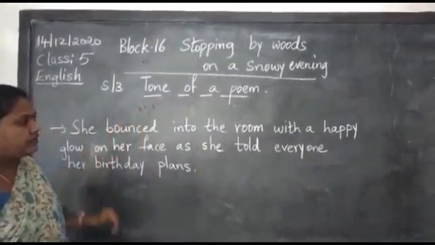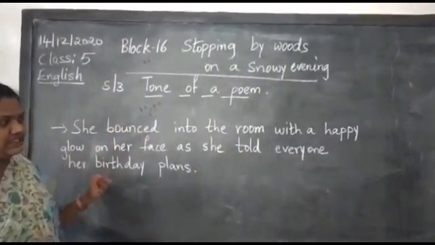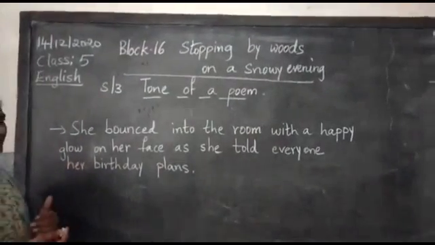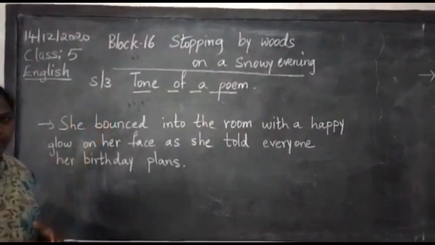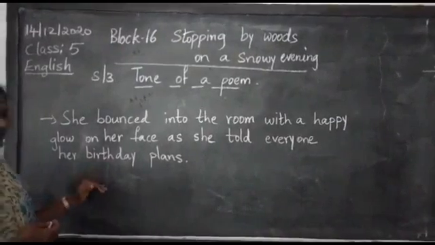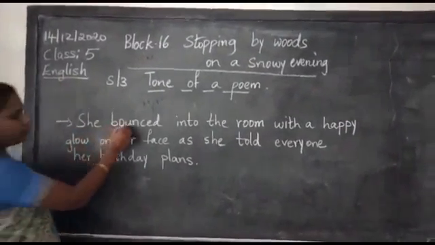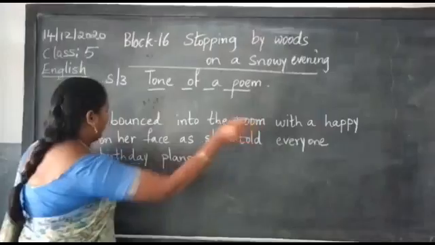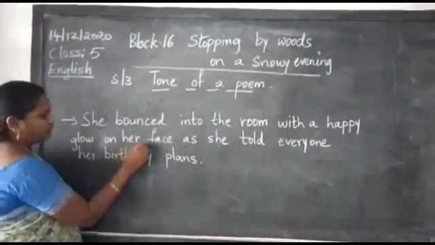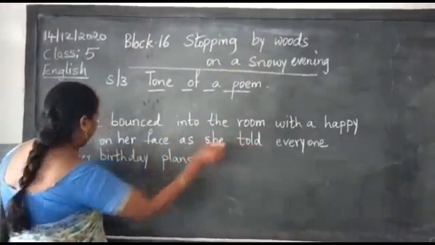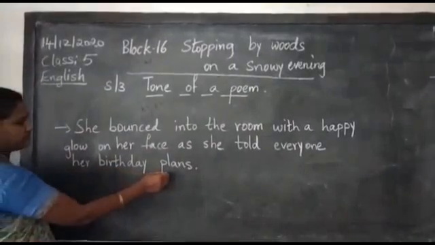Now here in this poem we are going to see what is the author's tone for this poem. For that I have given one sentence to identify how to identify the tone of a poem. I have shown you with examples here. She bounced into the room with a happy glow on her face as she told everyone her birthday plans.